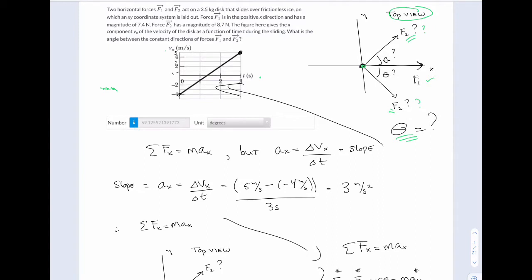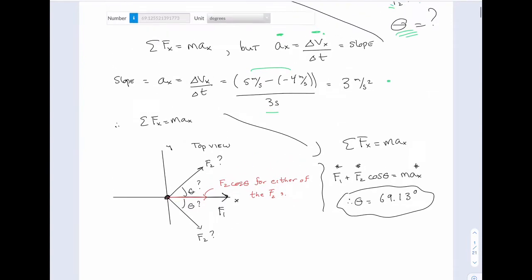So the acceleration in the x direction is just the slope of that line. Rise over run. I used that point, and I did my change in vertical over change in horizontal, and that gave me the slope of the line. So that gives me the acceleration in the x direction.